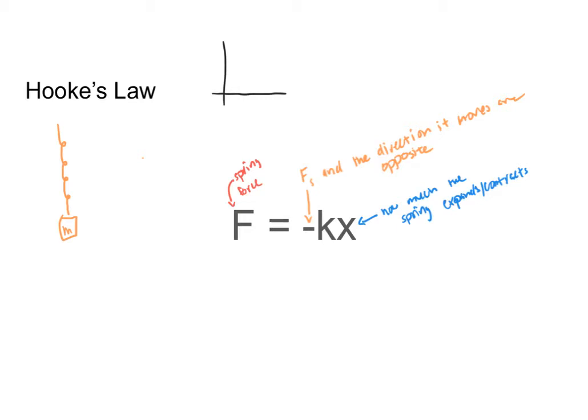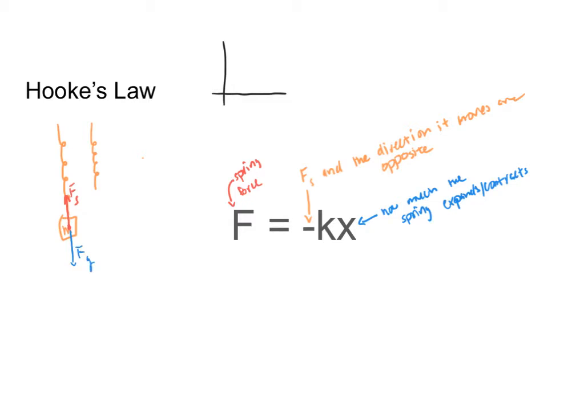So it normally might have this length here. Because it is being pulled down, that means that the spring force must be pointing up. So essentially what this means is that spring forces are always going to be in the opposite direction of any force that causes them to move. So in this case, gravity is pointing down and the spring force is pointing up. And that's why that negative sign is there.